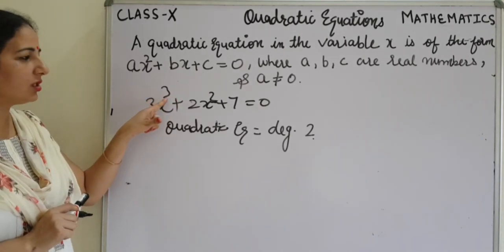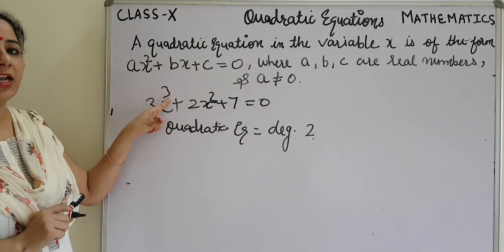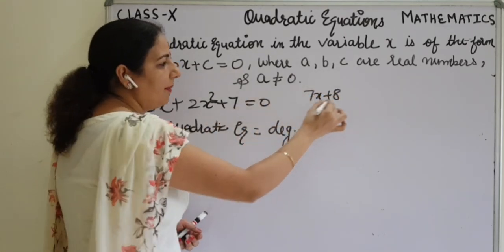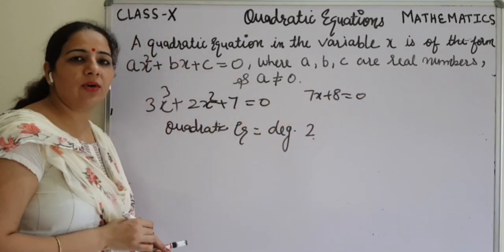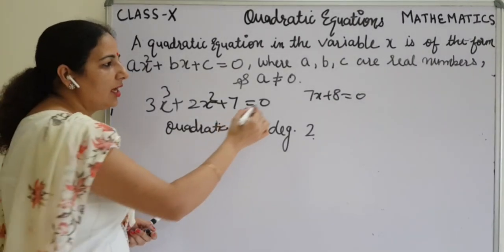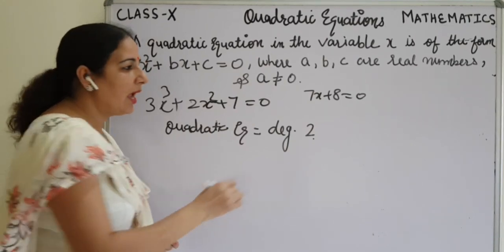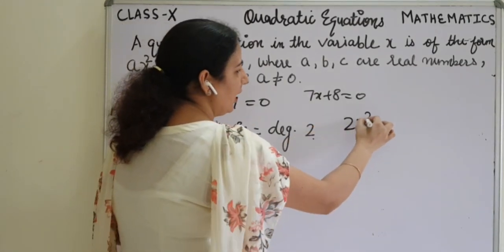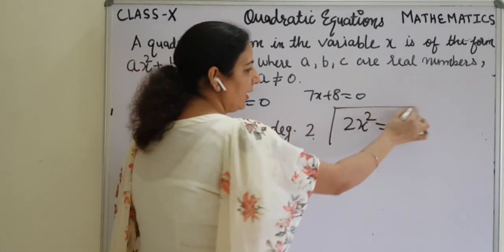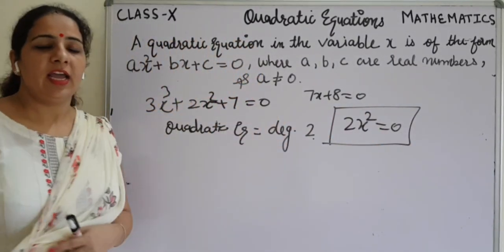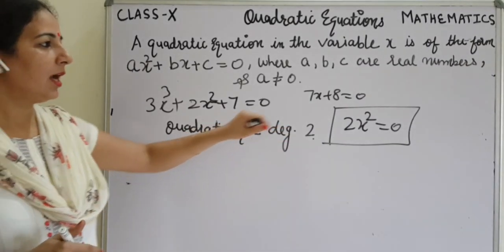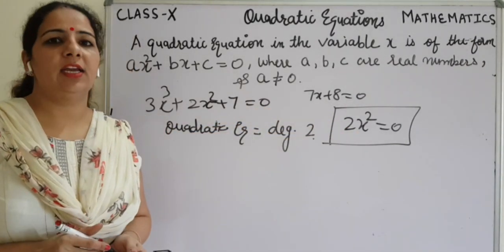Why cubic? Because the degree is 3. 7x plus 8, what about this? Yes, this is an equation, but not quadratic. It is linear because here the degree is 1. And what about this? 2x square is equal to 0. Just tell me, is this a quadratic equation or not? Equation means equality sign, so yes, the equality sign is there. Degree is 2. Yes, the degree is 2.